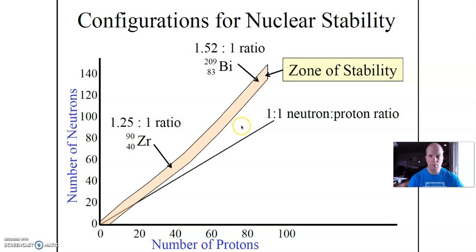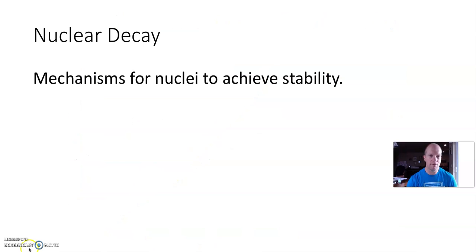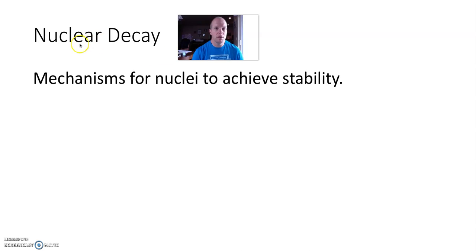Remember this: once we get up here, beyond 80 or so, 83 protons, then we get too large. Anything that's outside of this little zone of stability tends to be unstable and radioactive. Let's look at this in a little bit more detail. What happens if you're outside of that zone of stability? It means the atom is going to undergo nuclear decay.